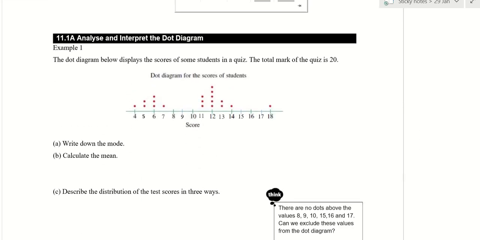Okay, let's look at example number 1 over here. We have the scores of some students in the quiz, total mark 20. We can see the maximum was only 18 marks. Nobody scored 19 or 20 marks. And the lowest mark was actually 4. Nobody scored 0, 1, 2 or 3. The question said some students.